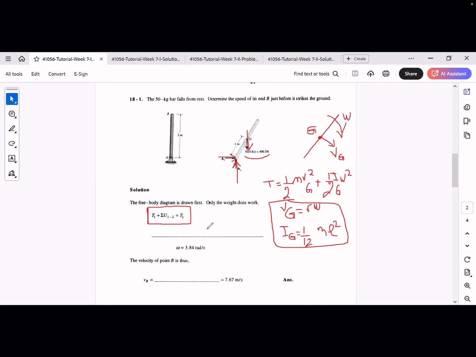Now notice, in my initial state, omega is 0, so it is starting from rest, so omega 1 is 0.